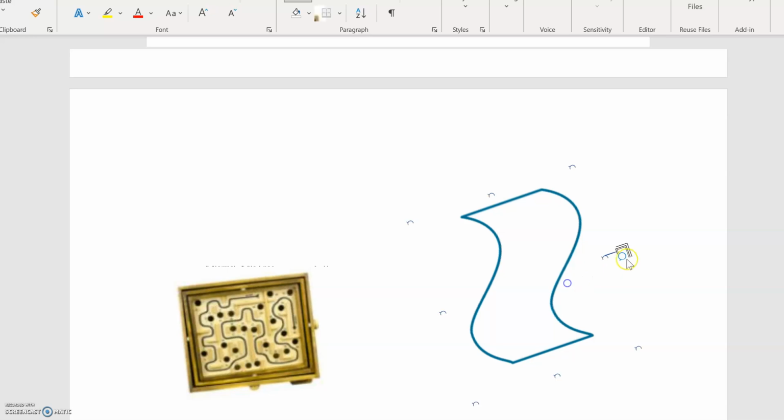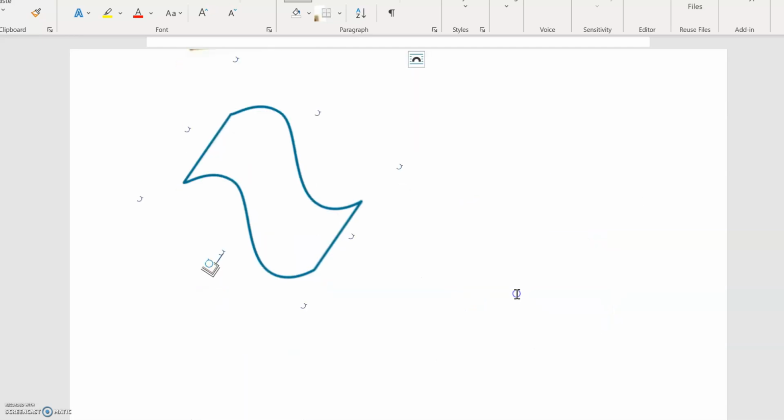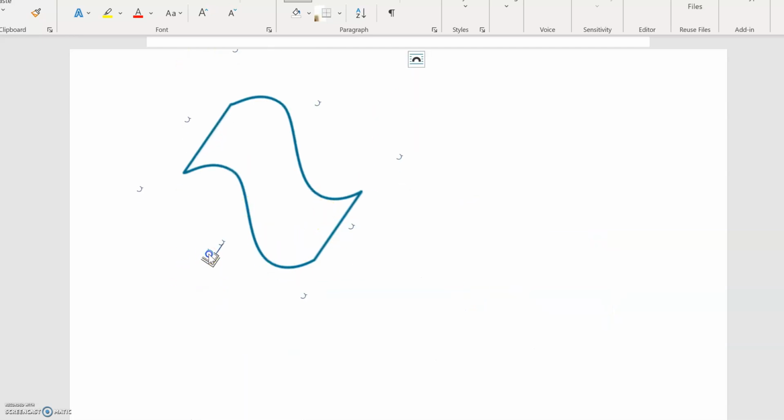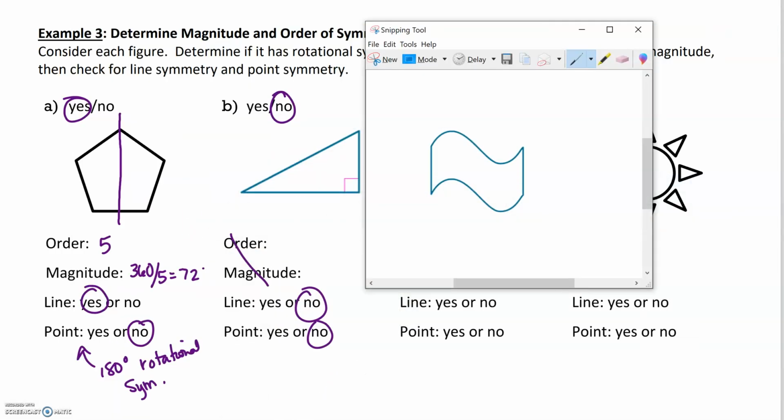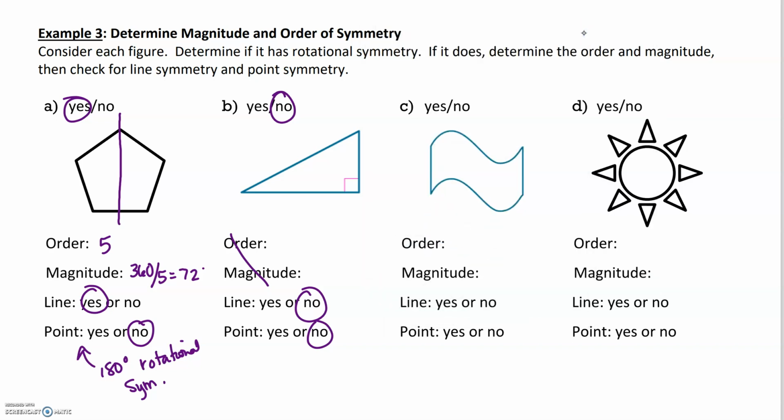And then if I go to 180, there we go. Well, it's not liking me, but 180 is going to be that same image. So it does have rotational symmetry. It has an order of 2: 180 and then back to 360. So 360 divided by 2 is 180 degrees, the magnitude or angle. And line symmetry: no line symmetry, but it does have point symmetry because it's got the 180.